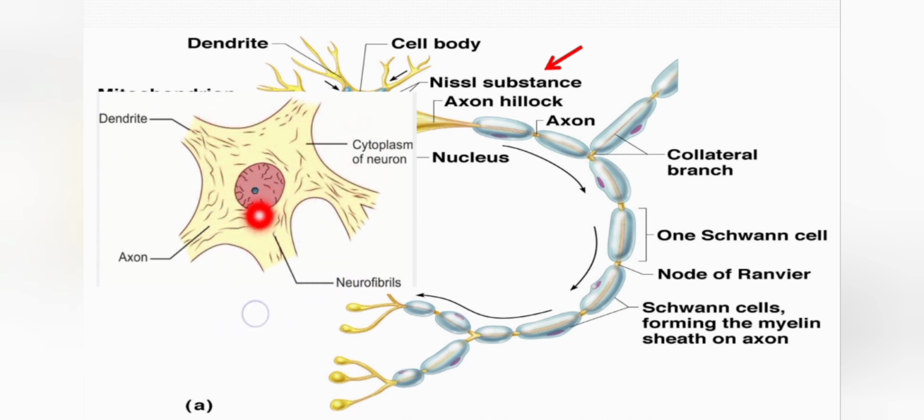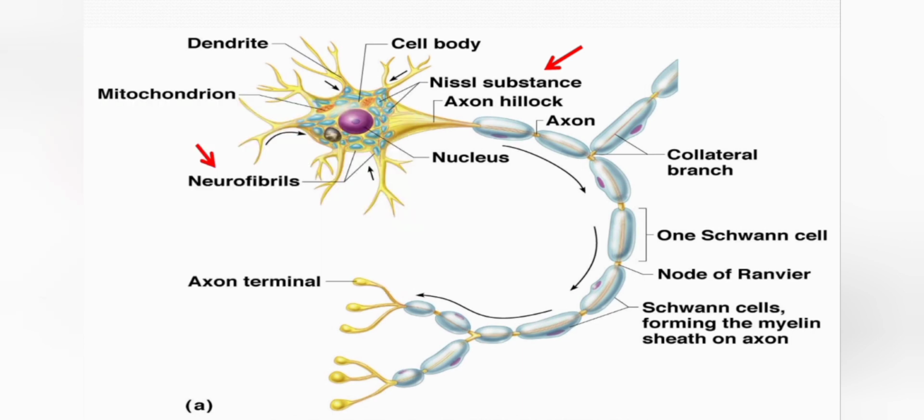So what are neurofibrils? Basically neurofibrils are components of the cytoskeleton, and they are formed by the clumping of microtubules and intermediate filaments. You know that there are three basic components of the cytoskeleton, the skeleton of the cell. These are microtubules, intermediate filaments, and microfilaments.